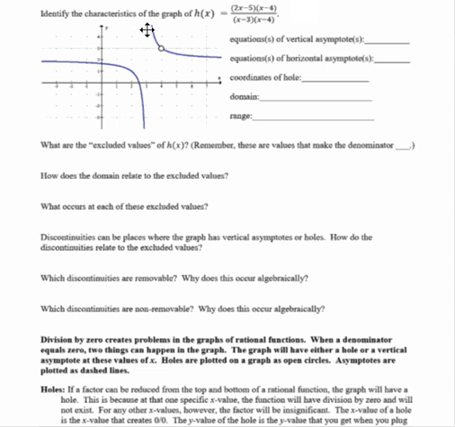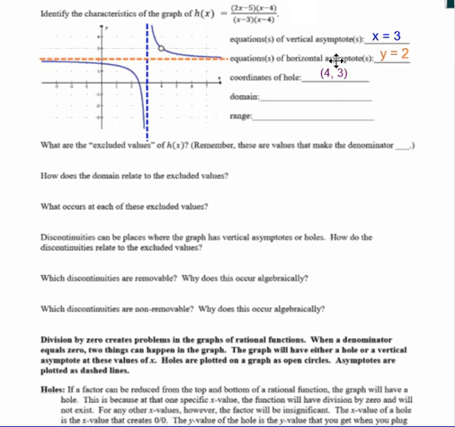One is that it has a vertical asymptote located here at x equals 3. It also appears to have a horizontal asymptote located here at y equals 2. There is a hole in this graph, as we can see clearly marked here, at the point (4, 3).